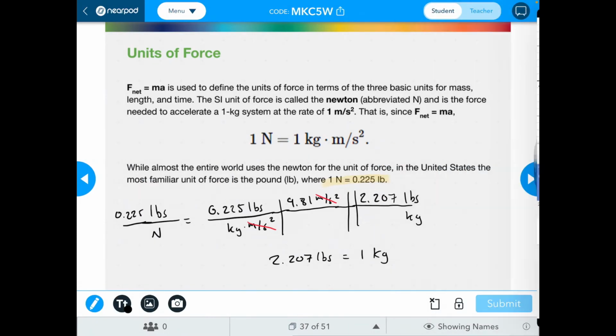So that's where they get that conversion from. I wouldn't write this down because, again, it's not an actual true conversion. It's a conversion that is using Newton's second law as a formula and a calculation to get from force to mass in two different systems.